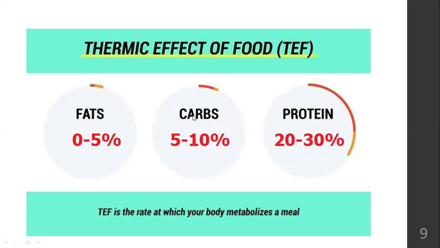For protein, you can see most of the thermic effect is utilized by proteins: 20 to 30%, the highest. Energy is consumed to digest, absorb, metabolize, and store protein. Carbohydrates, it's just 5 to 10%. Fat is the lowest, 0 to 3%.